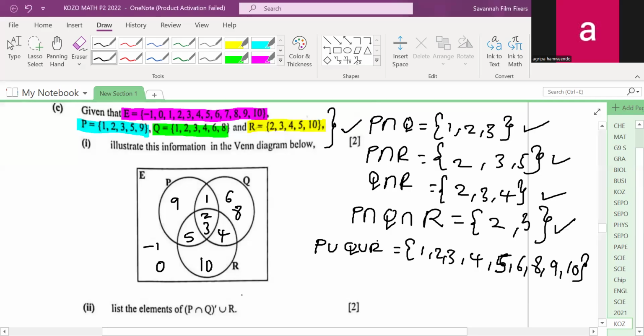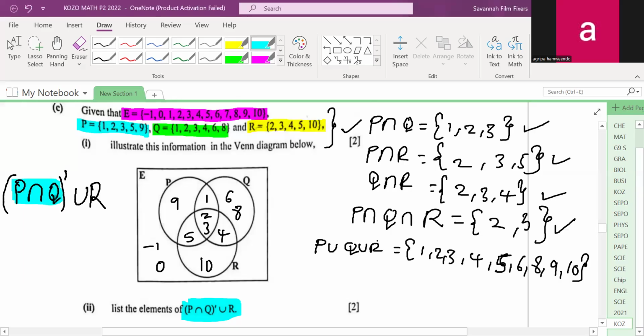Great. So now we are trying to evaluate P intersection Q complement union R. Usually, when solving such a question, I advise you that you start by solving what's in the brackets first.